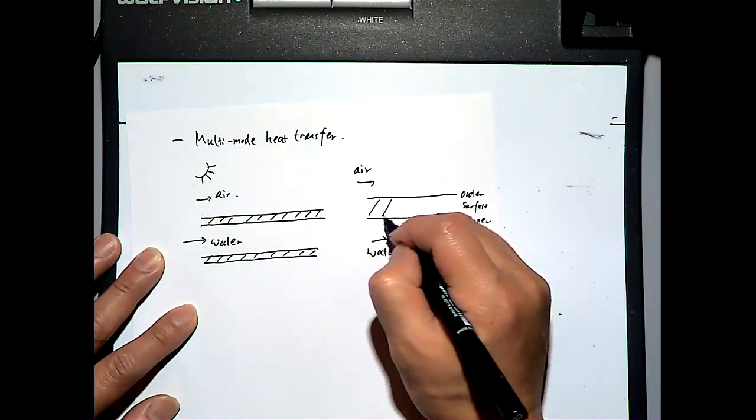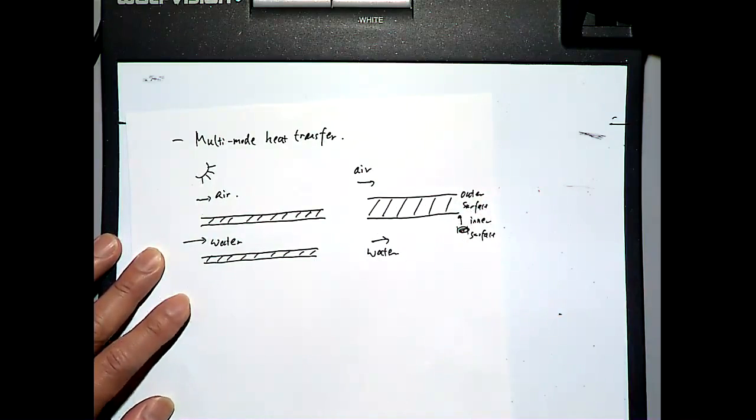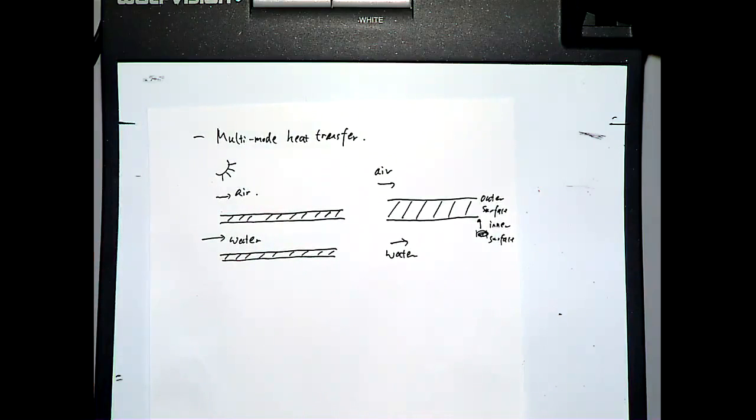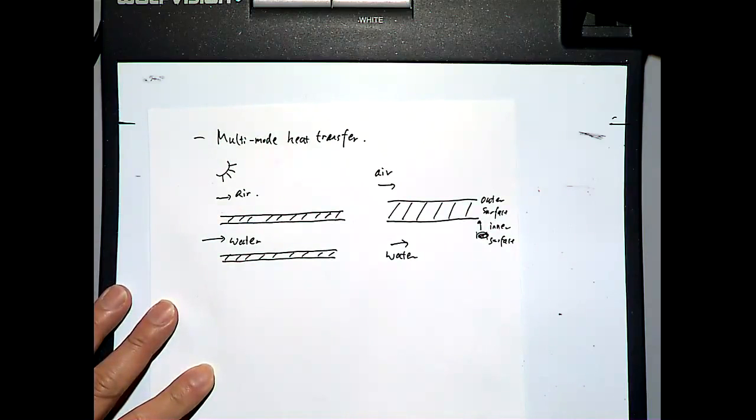So this is a certain material, which is typically glass, that is to prevent the heat loss and also allow the sunlight to come in.